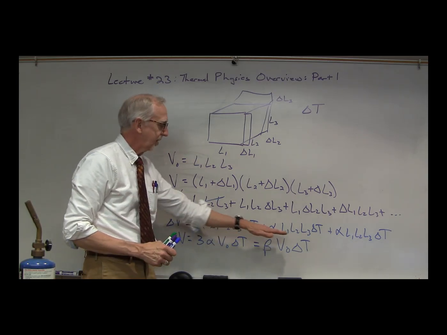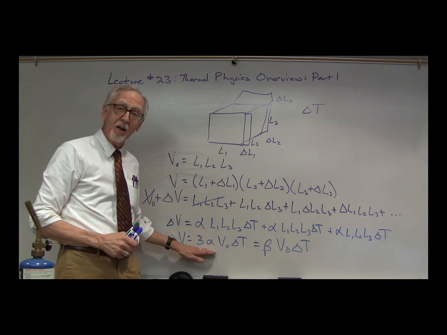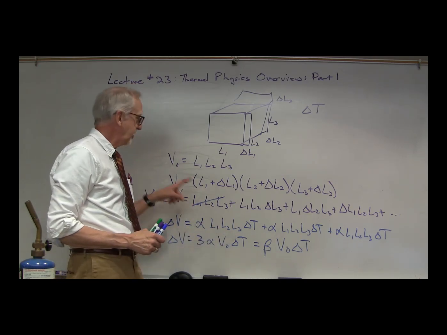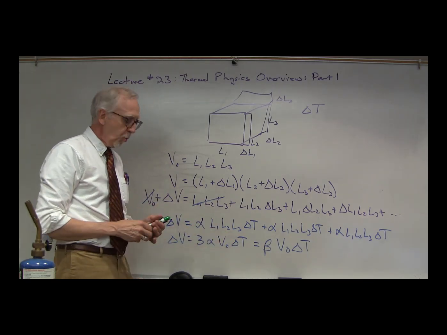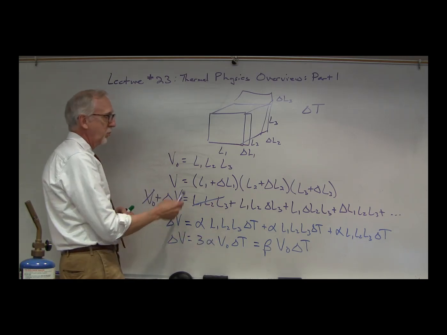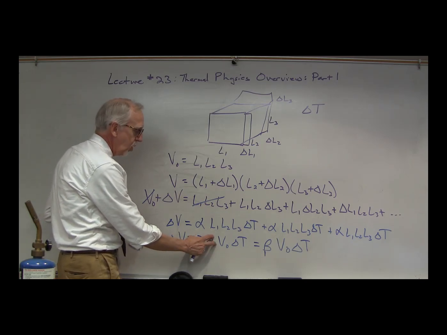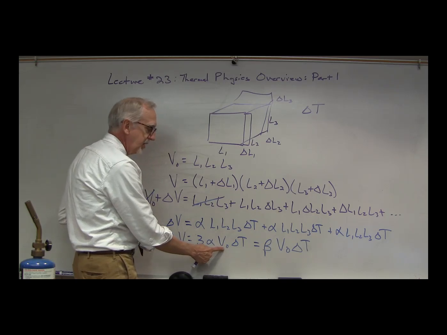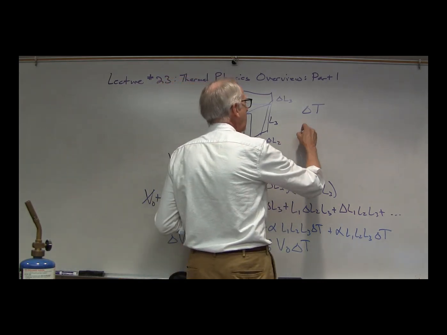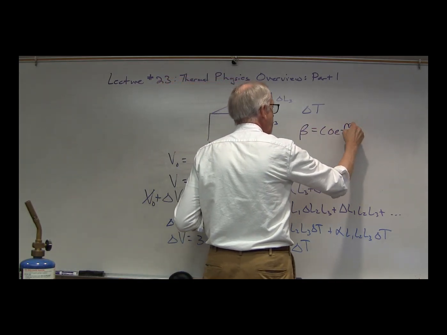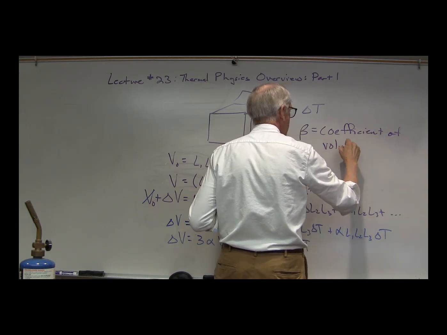Well, we notice these are all exactly the same. So it basically gives us 3 alpha times L1, L2, L3, which is our initial volume, V0, times delta T. Well, if we were to write this in a form similar to what we had before for the linear expansion, we have that delta V equals some quantity, we'll call this beta, times the initial volume times delta T, where beta is what we call the coefficient of volume expansion.